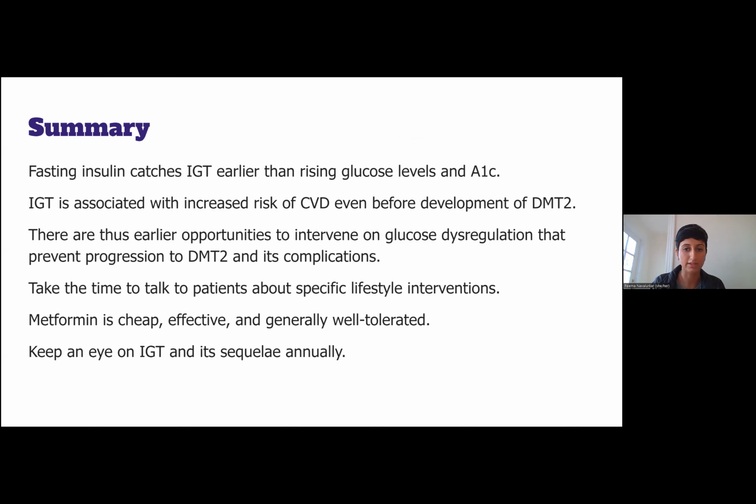So there's an opportunity for us to intervene on glucose dysregulation. Talk to patients about specific lifestyle interventions, and you can refer them to things like the VA MOVE program as appropriate. Metformin is evidence-based. It's cheap. I just put my dad on it and he's thrilled that it costs like $2 a month. It's effective and generally well tolerated. And then you should keep an eye on its sequelae at least annually.